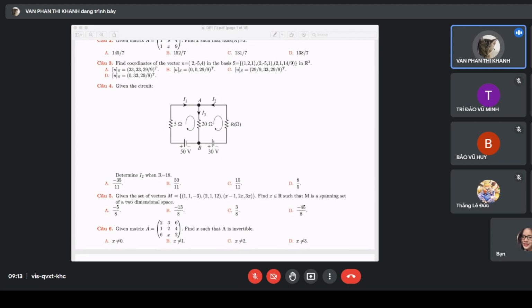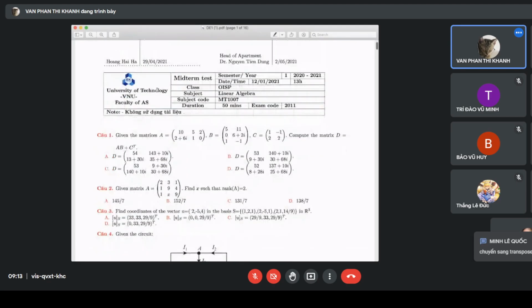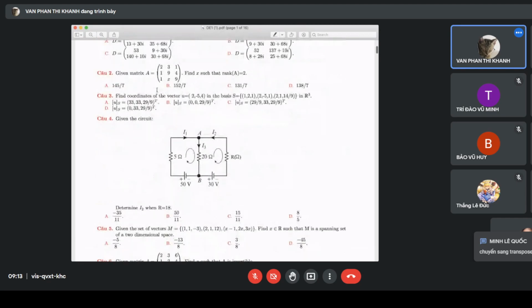This quiz maybe has a mistake somewhere. Okay, so number 3 is wrong. Number 3 is wrong.